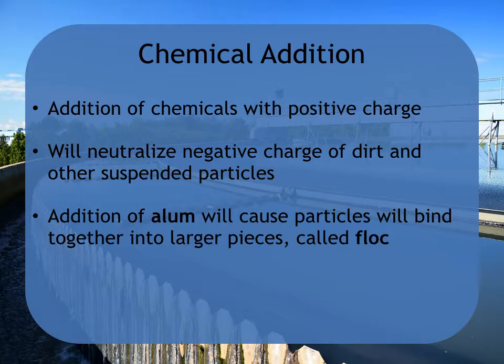One of the most common chemicals added to water is called alum, or hydrated potassium aluminum sulfate, and is manufactured for the purpose of water treatment, though it now has many other household uses. The addition of alum to the dirty water will cause the particles to bind together into much larger pieces, known commonly as floc.